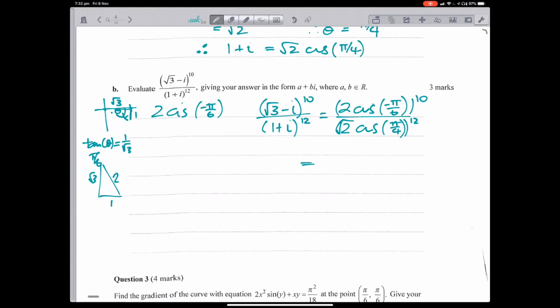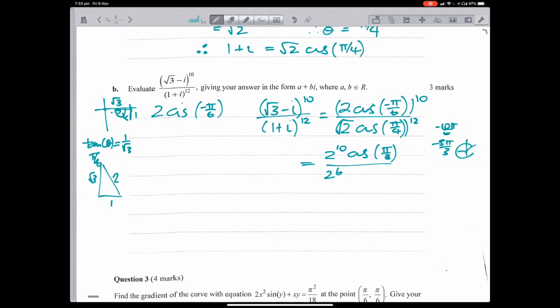Of course, we know on top we've got 2 to the power of 10, cis of negative 10 pi on 6. Negative 10 pi on 6 is negative 5 pi on 3, which is the same as pi on 3. So cis pi on 3 over root 2 to the power of 12. That's the same as 2 to the half to the power of 12, so it's 2 to the 6.